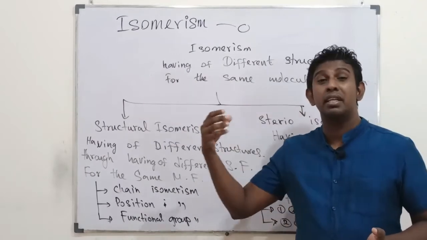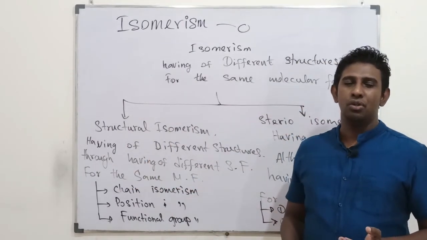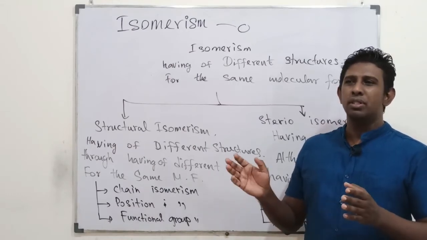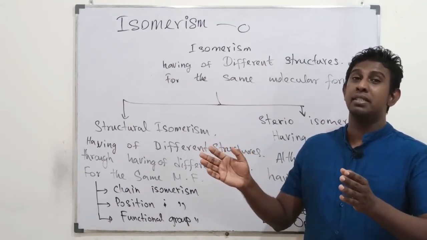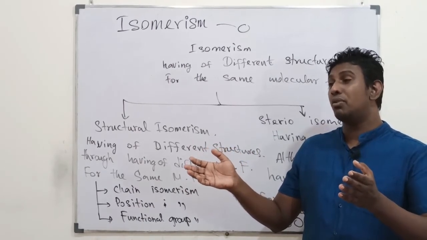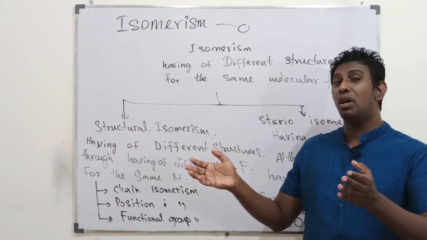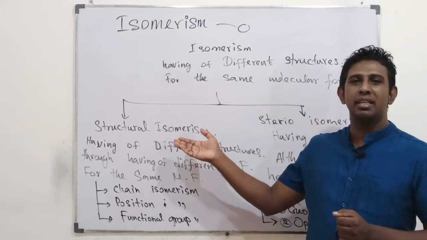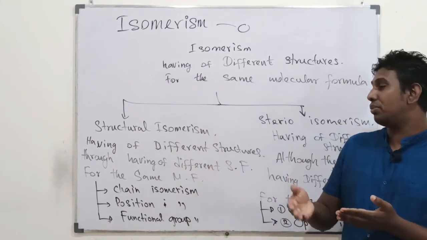Then, students, you could find these different structures giving different structural formulae. You already know structural formula means the Lewis structure. Different substances of the same molecular formula would have different structural formulae. We call it structural isomerism or constitutional isomerism.